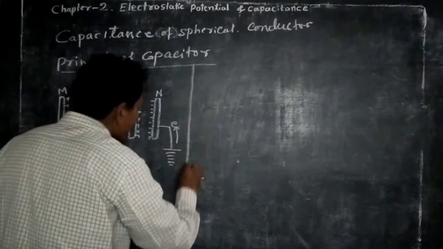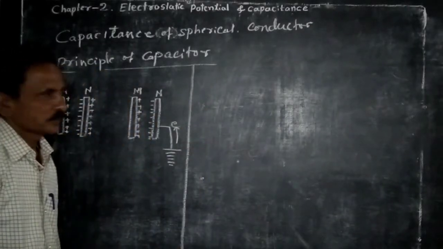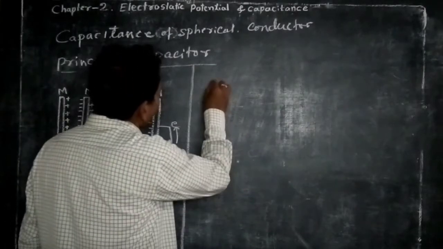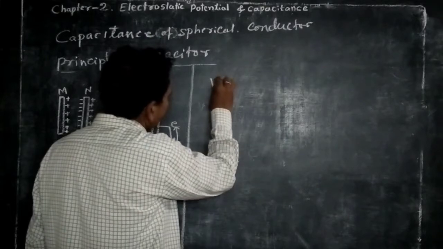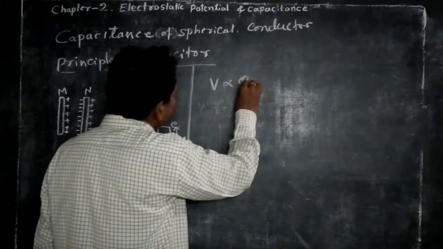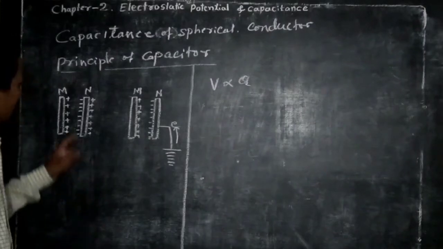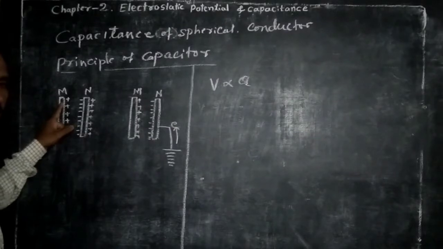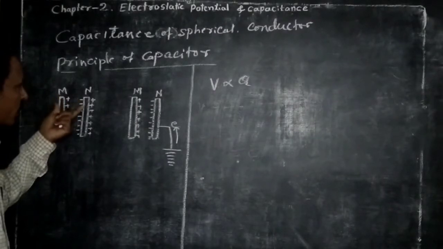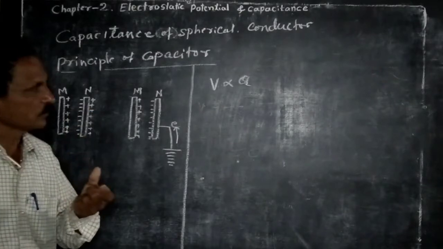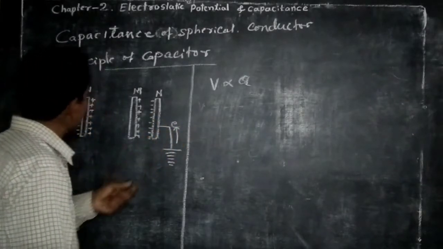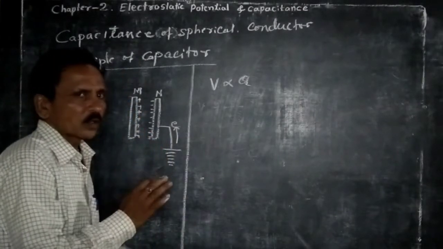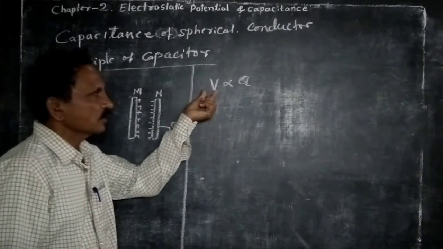Then what is the capacitance of a capacitor? We know that potential is directly proportional to the charge given to the conductor. Let Q be the charge given to the conductors of a capacitor. Then the potential difference between the plates is phi.